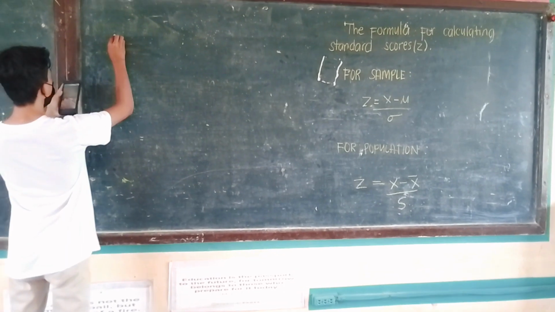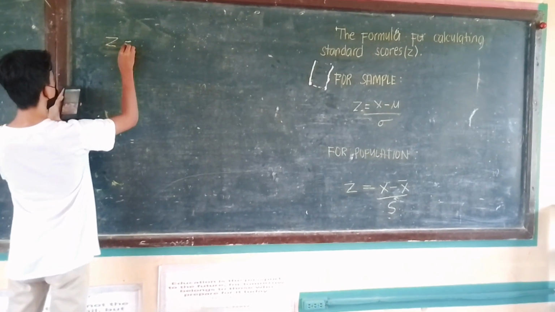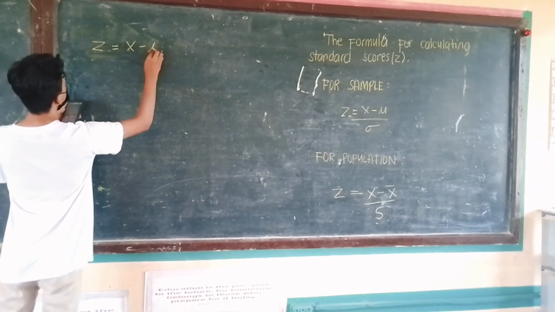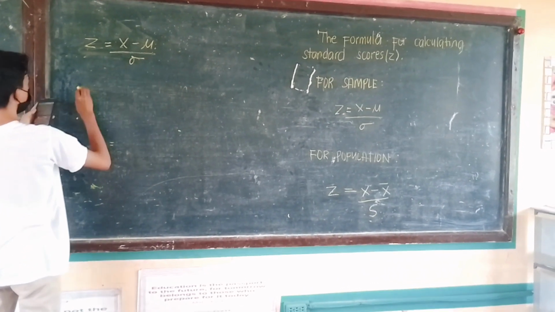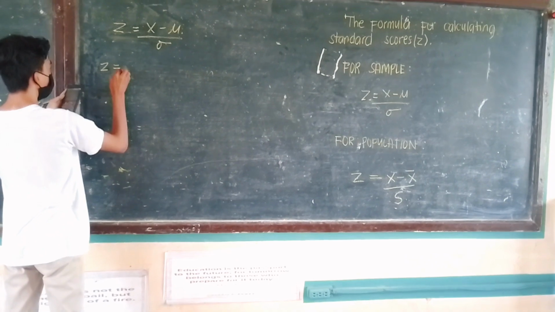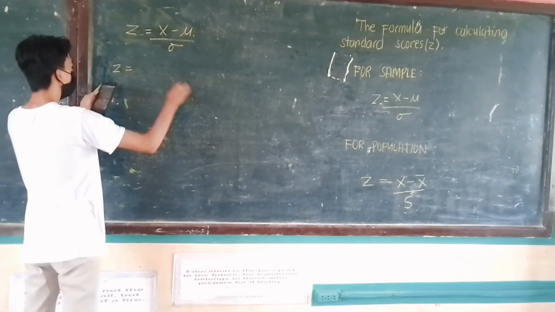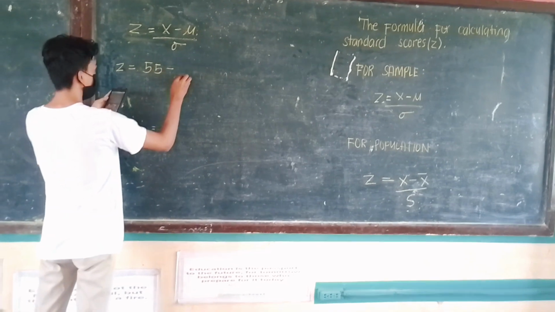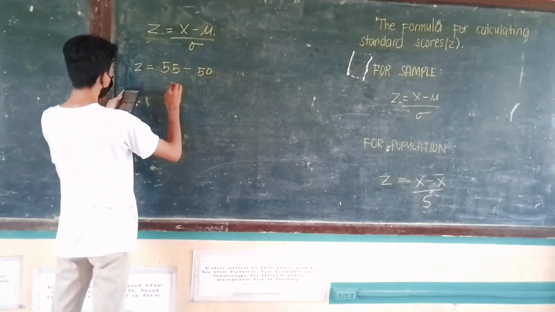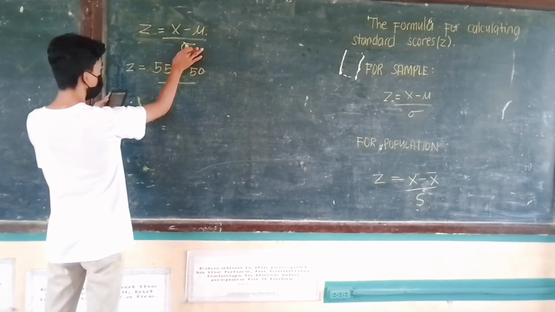So we have the formula z is equal to x minus mu over sigma. Substituting the given values, we write 55 minus 50 over sigma, which is 2.